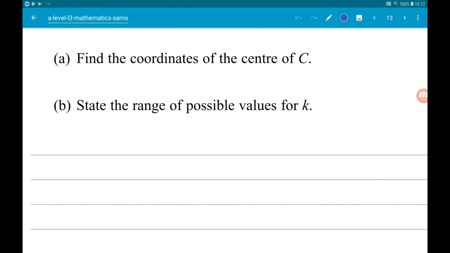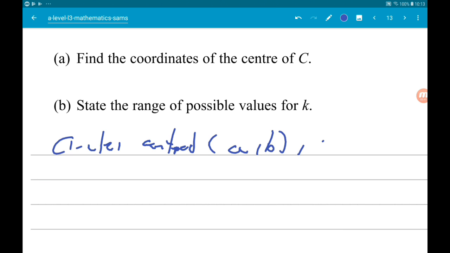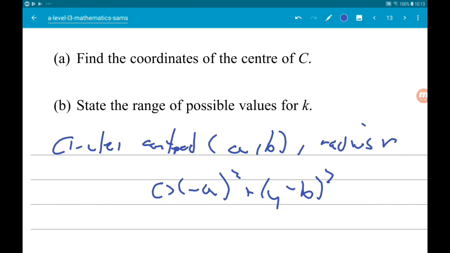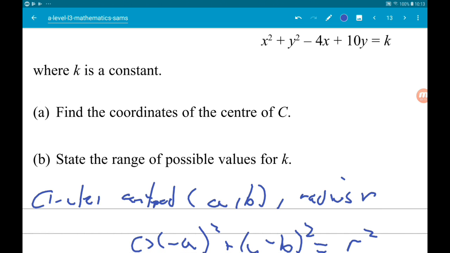A circle centred AB, radius R has equation x minus a squared add y minus b squared is equal to r squared. So we need to write this in that form.